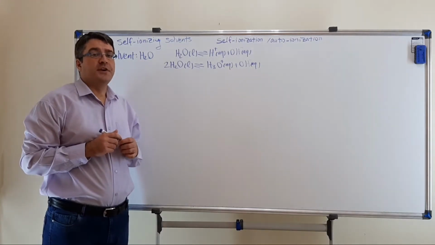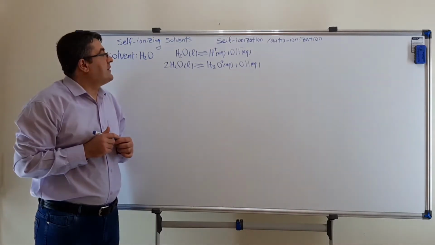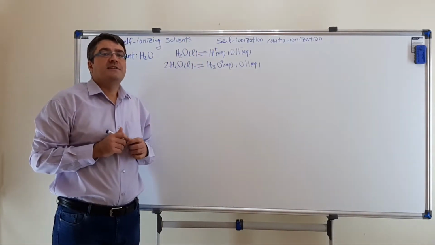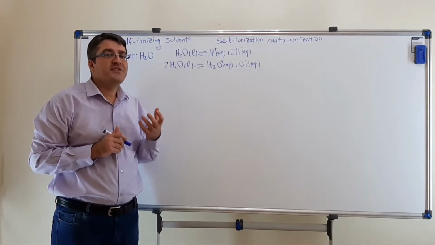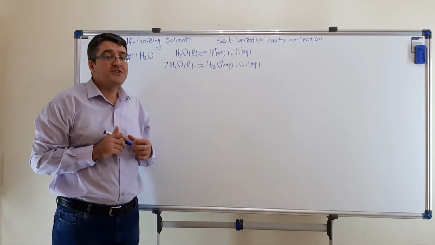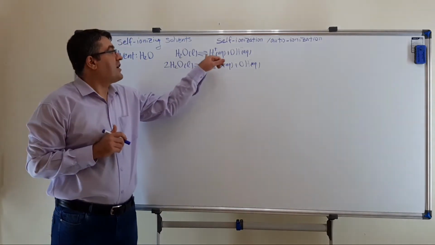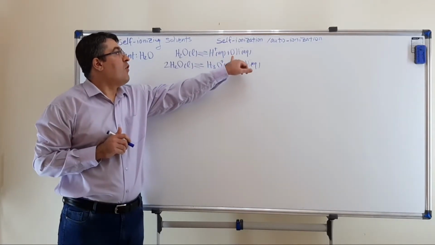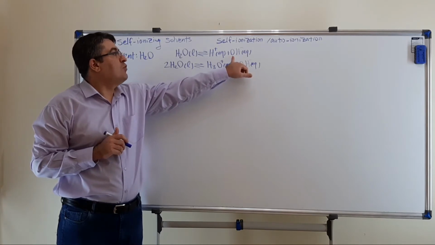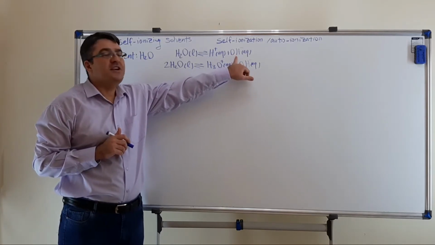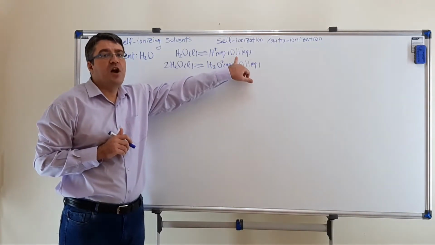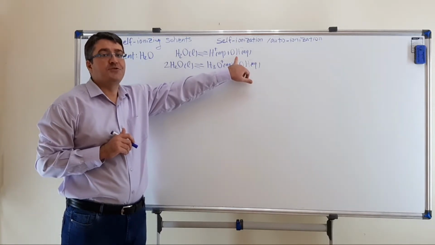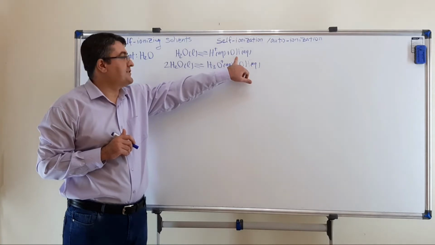Here, it is very important to consider that the extent of this reaction, and in general, the extent of self-ionization reaction of a self-ionizing solvent, is usually very small. For example, the concentration of ions due to this reaction at equilibrium for pure liquid water at 25 degrees Celsius is only 10 to the power of -7 molar, which is very small, yet important in some discussions like acid-base analysis.